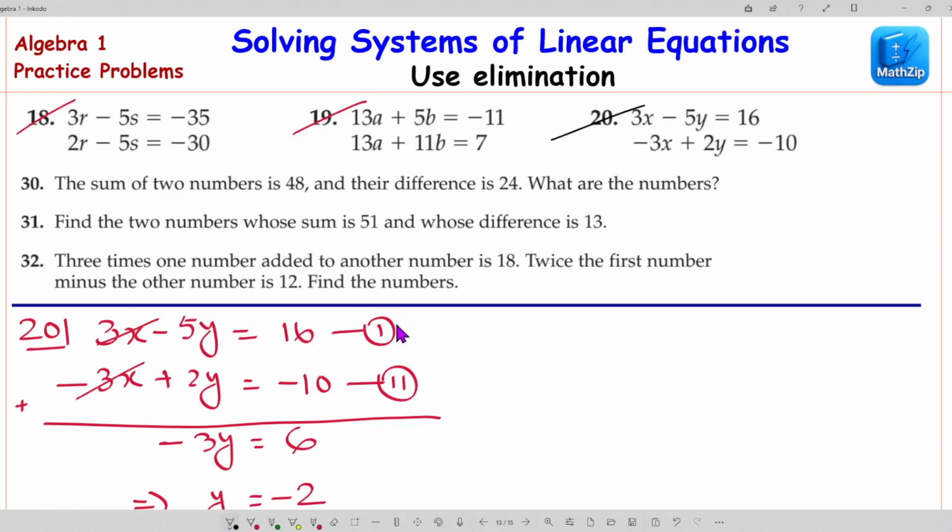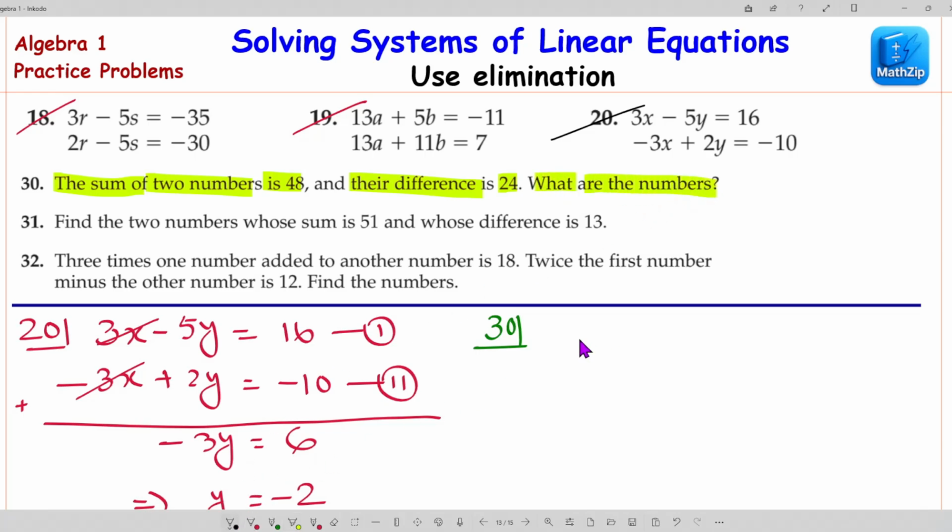Now we will try to solve some word problems. Let's start. Number 30. Here the sum of two numbers is 48 and their difference is 24. What are the numbers?